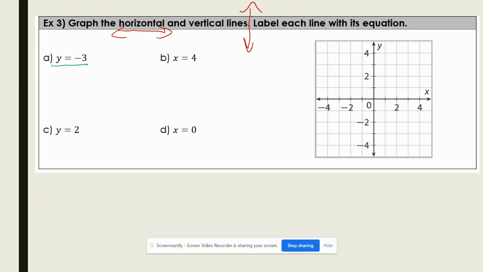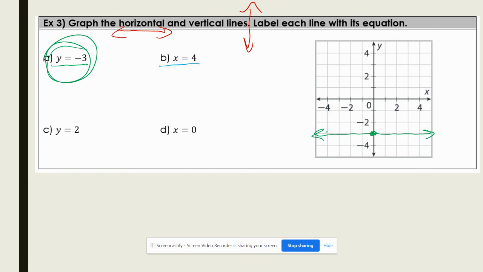If I start with y is equal to negative 3, y is equal to negative 3 right here, and all along here. Remember, I should be able to touch my pen anywhere on this line, and y is equal to negative 3. There's no x in this equation, so we really don't care what x is doing. We only care that y is equal to negative 3 each and every time.